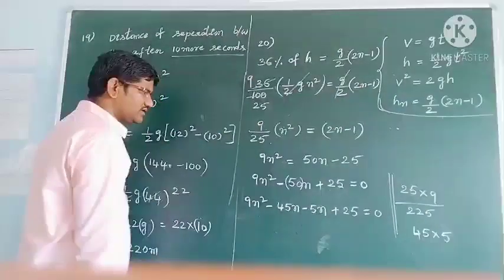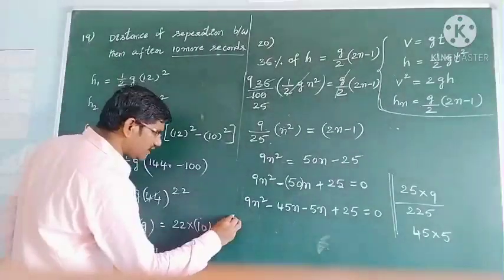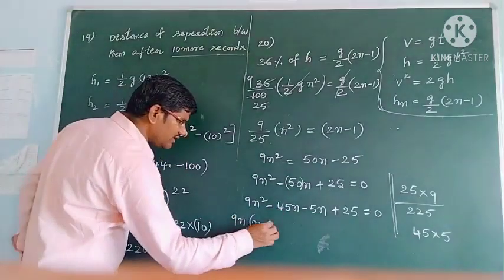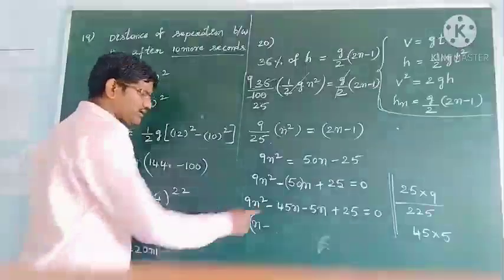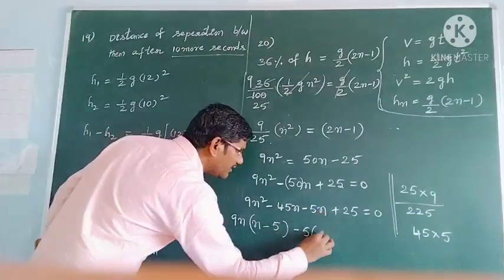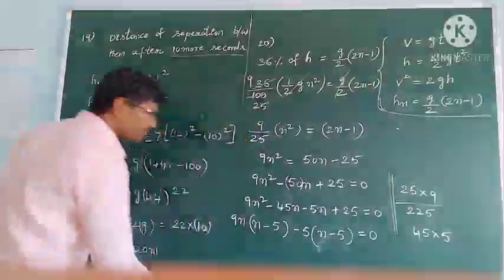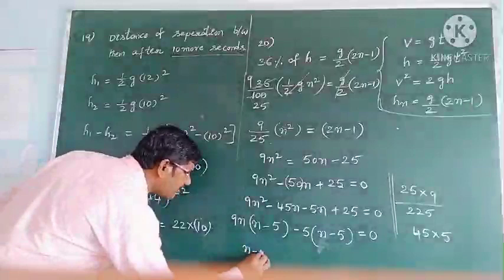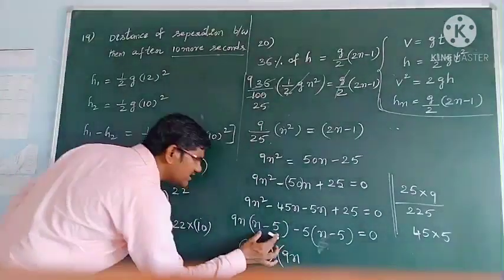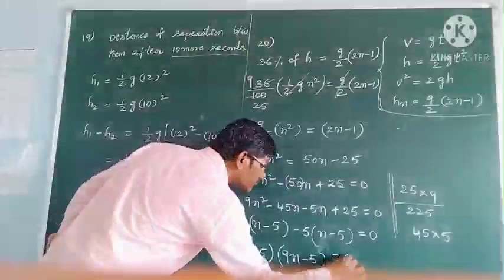Okay students, then take 9n common here. Then n is left, 9 fives are 45, so n minus 5, and minus 5 common, n minus 5, is equal to 0. Then n minus 5 if you take it common, 9n is left, and here minus 5 is left, that is equal to 0.